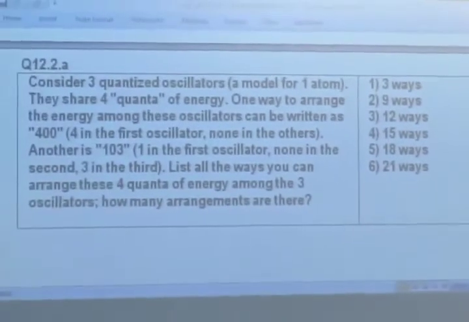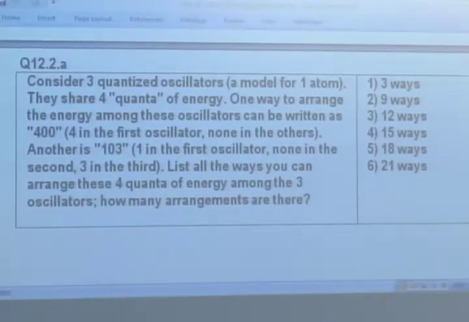So the question is, how many different ways could we find to arrange 4 quanta of energy among 3 oscillators. And we suggest that you do it by just writing down the possibilities, counting on your toes. So yes, we're going to have an equation for it, but right now we haven't got it yet. So we're just counting because we need to make sure that the equation actually works.